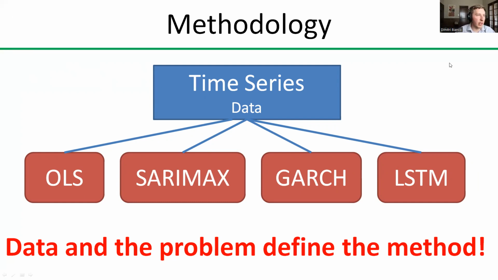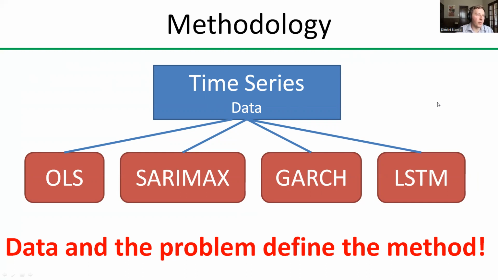Now, after you've done this quite a bit and you model the same portfolios over and over again, you already know what type of model we're going to have to use just because you know the data so well. But when you get new data or you start a new job at a new bank, you need to go through this process of looking at the data, the features, the problem you're trying to model, and then picking the model based on the data itself. I can't emphasize that enough because I still see this as an issue in the industry for some reason.